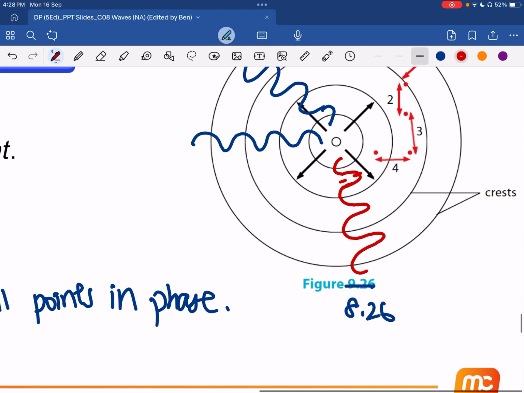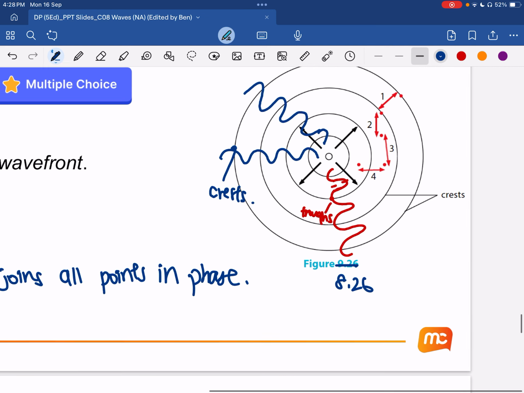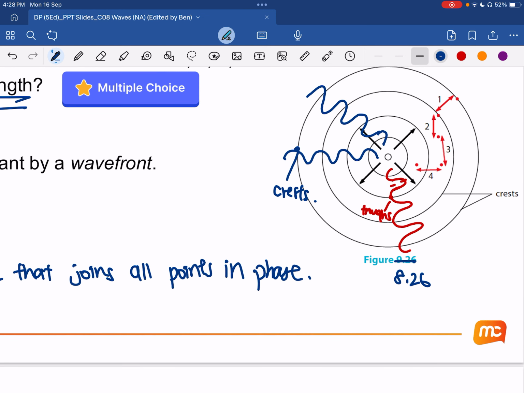Troughs, and then the crest. So remember, every trough and every crest, between every crest, they are all in phase. Between every trough, they are also in phase as well.